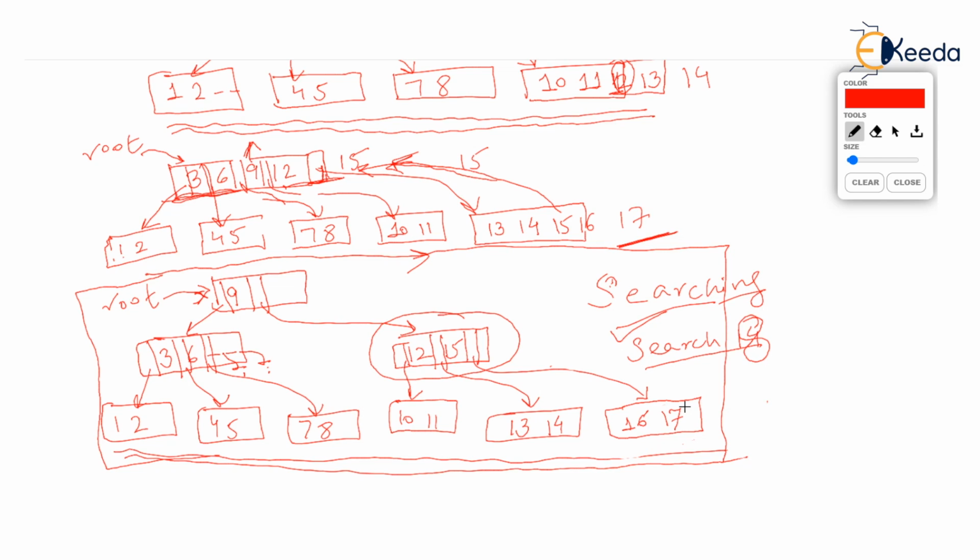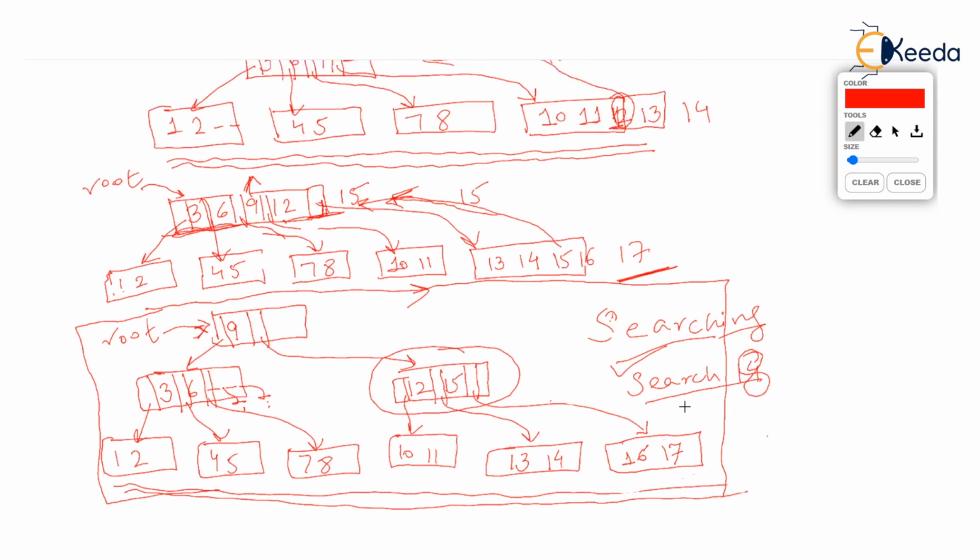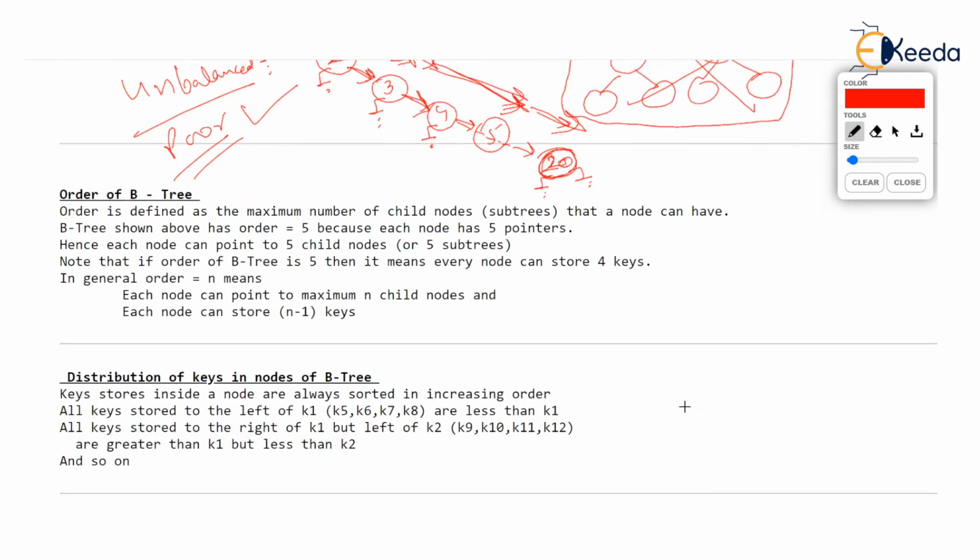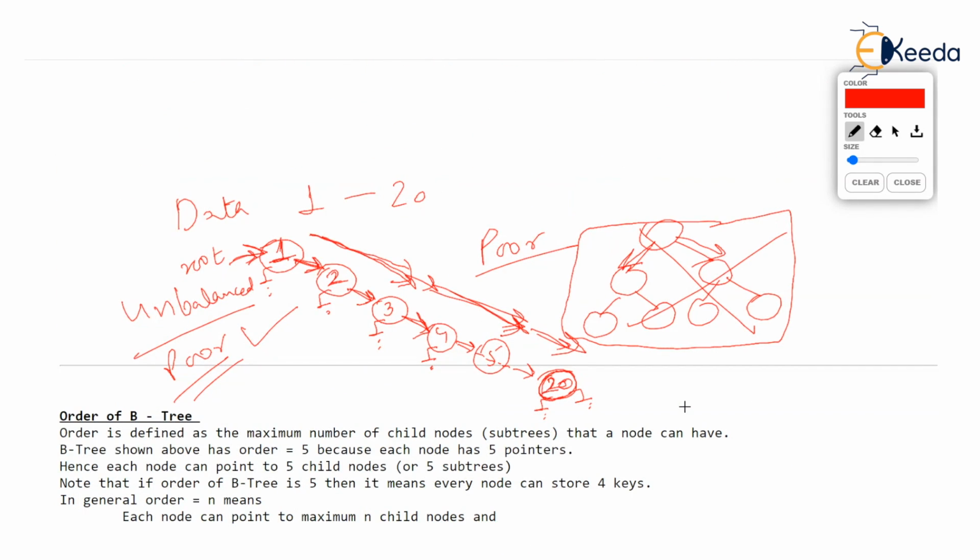Observe the B tree which you are looking at, it is very fat. It is growing wider and wider, rather than growing deeper and deeper. Whereas the binary tree on top, which we have drawn for 1 to 20, is thin and tall, isn't it? We don't want a tall data structure. We want a fat data structure and a shallow one, a shorter one.